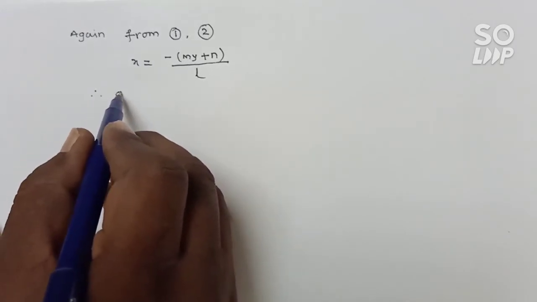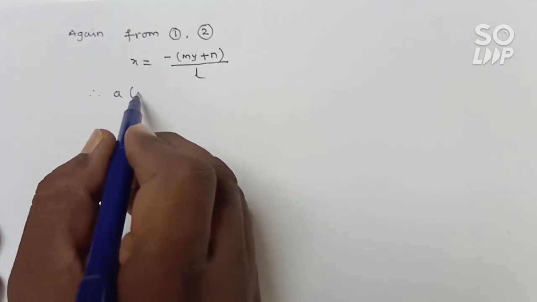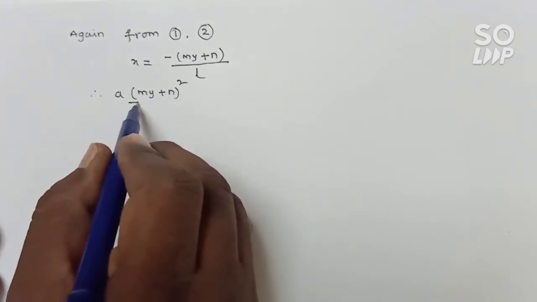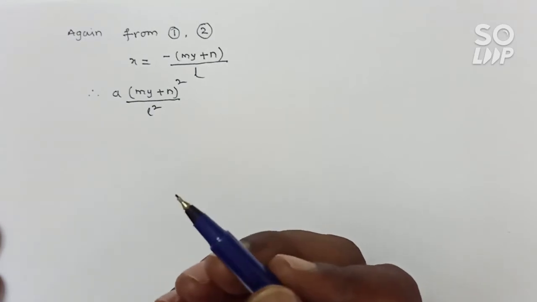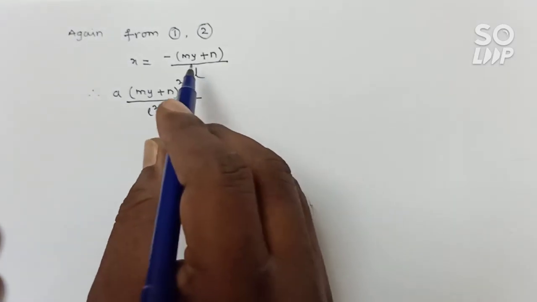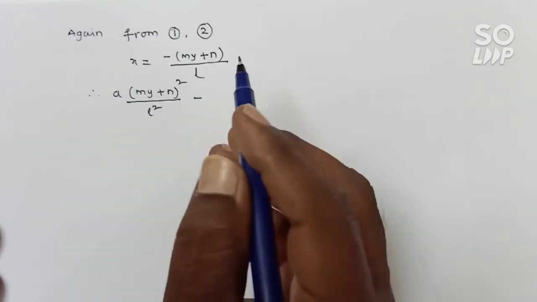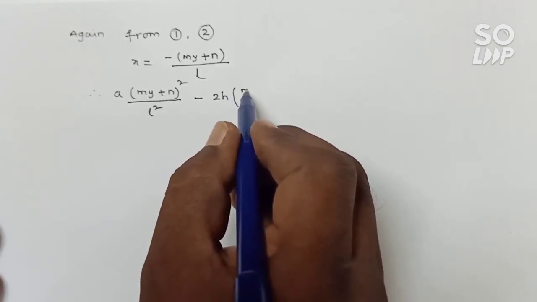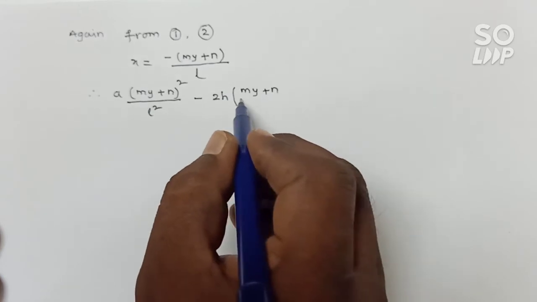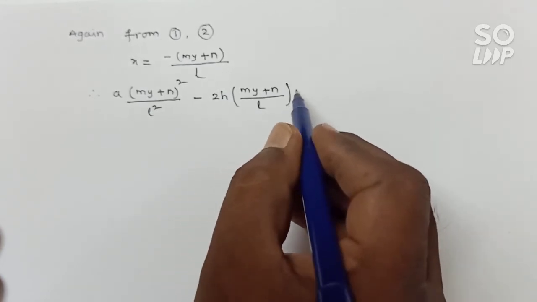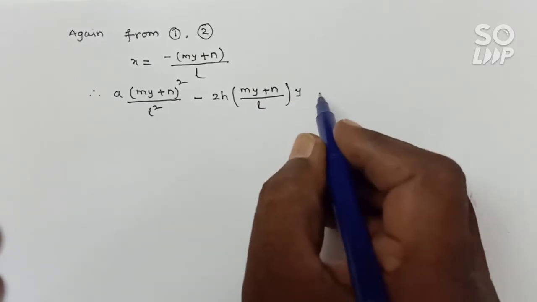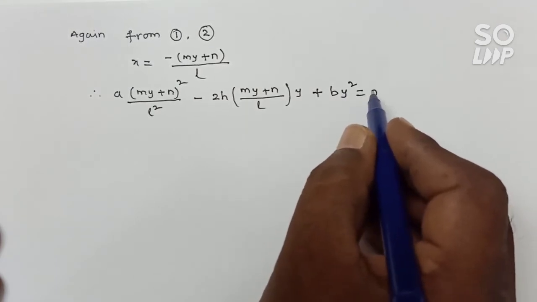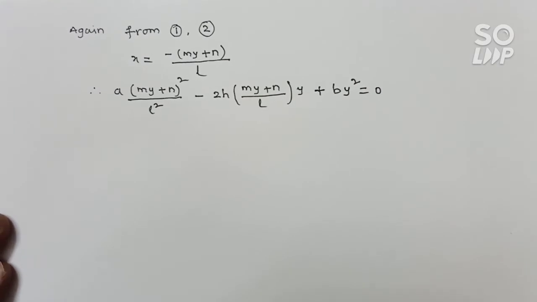Therefore a into x square, x square means (m into y plus n) whole square divided by L square, plus here already minus is there in the x value, minus 2h into x value, that is (m into y plus n) divided by L, into y, plus b into y square is equal to 0.